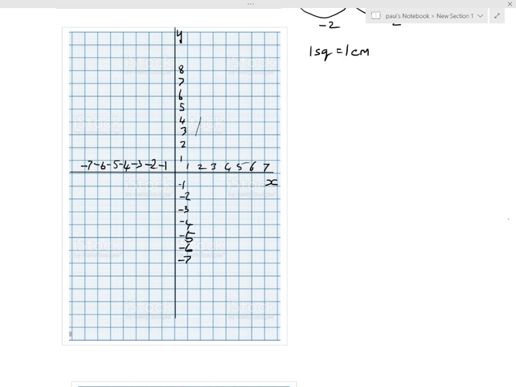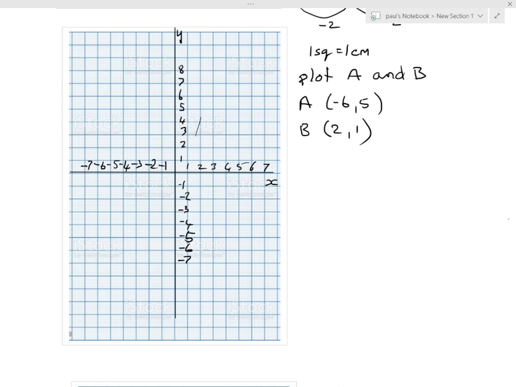It doesn't matter how big these squares are, they are 1 centimeter. So we're going to plot A and B. That's the first thing. So we better say what they actually are. So A is (-6, 5), and B is (2, 1). Right?